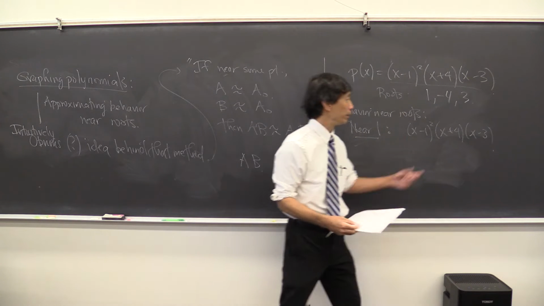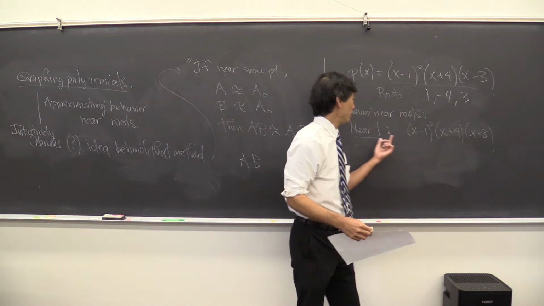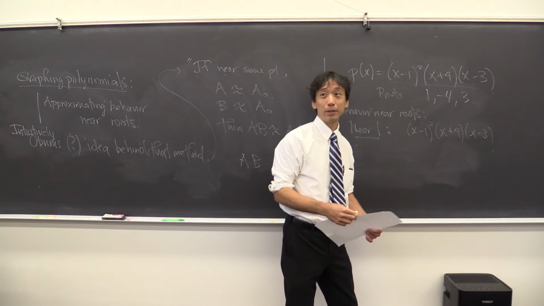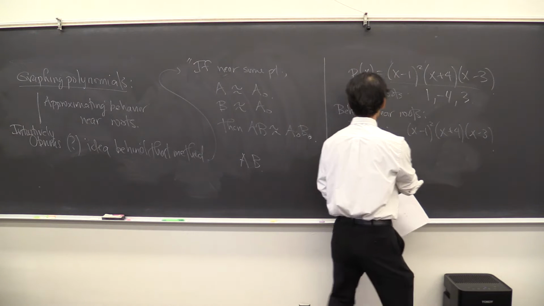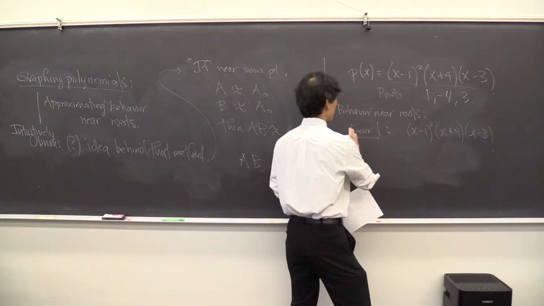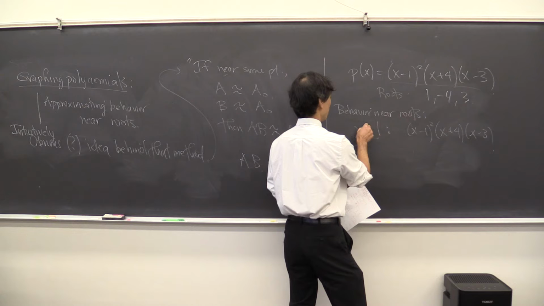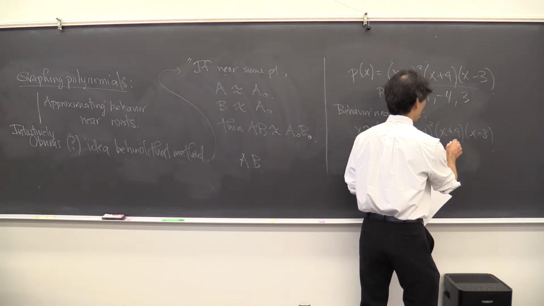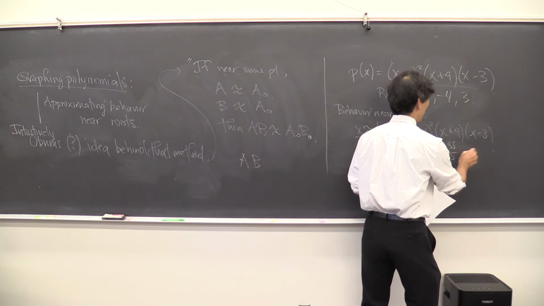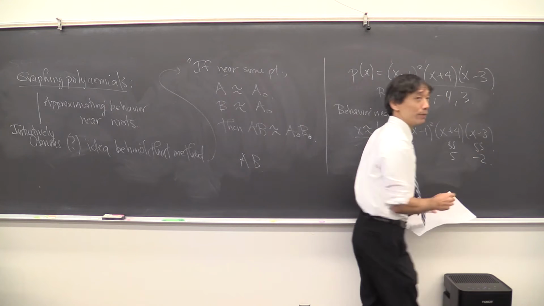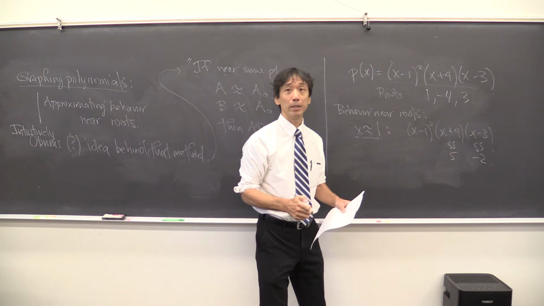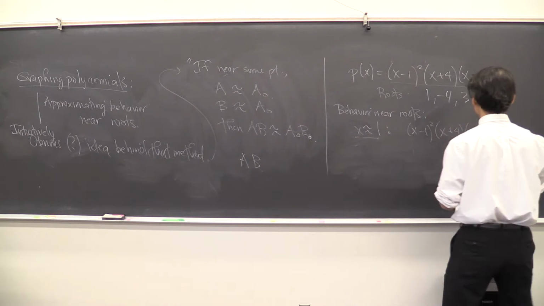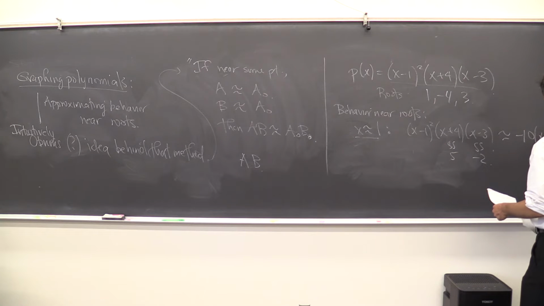Near x equals 1, x plus 4 is basically going to be 5, and x minus 3 is going to be basically -2. So the polynomial is going to act like -10 times x minus 1 squared.